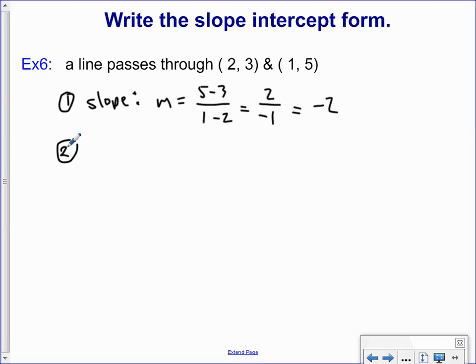Step 2, find b. Let's look, they gave us 2 points. Doesn't matter. Both points go through the line, so you could pick either one, right? So let's pick that first point right here to be your x and y.